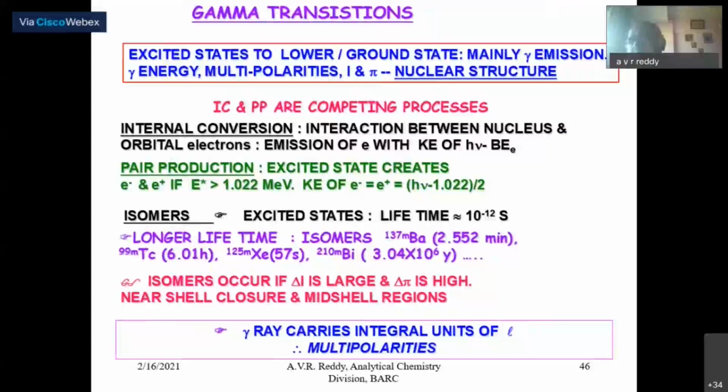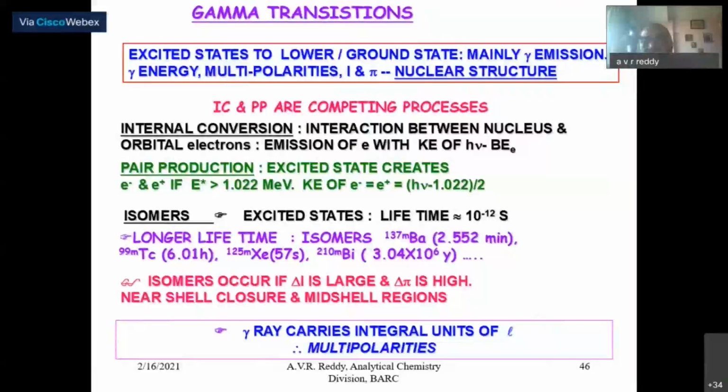There is a large difference in the spin between these two states, and there is a change in parity. Then that state will have an intermediate, transient lifetime, what is called an isomeric state. Now there is no definite borderline between the lifetime of an excited state and an isomeric state.